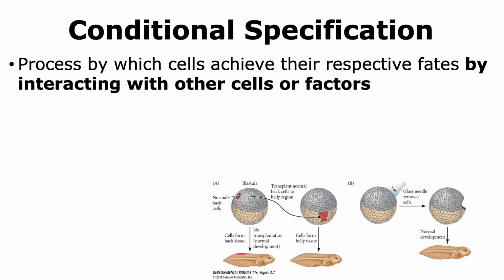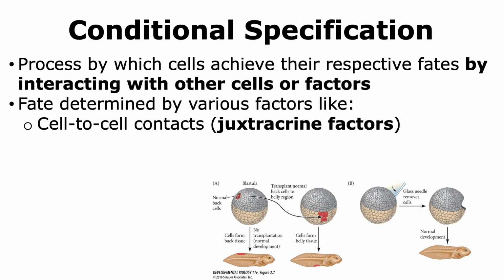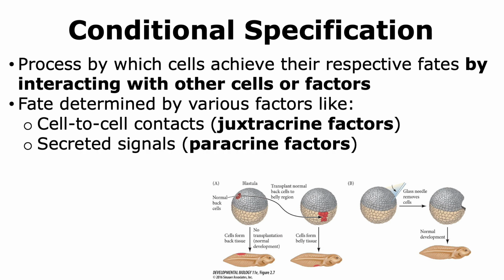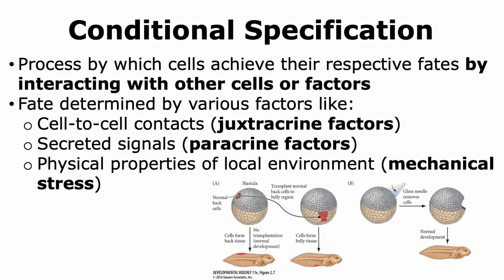However, in conditional specification, the cell's fate is determined based on its interaction with other cells. The fate is determined by various factors that include cell-to-cell contacts, secreted signals from cells like paracrine factors, and physical properties of the local environment like mechanical stress.